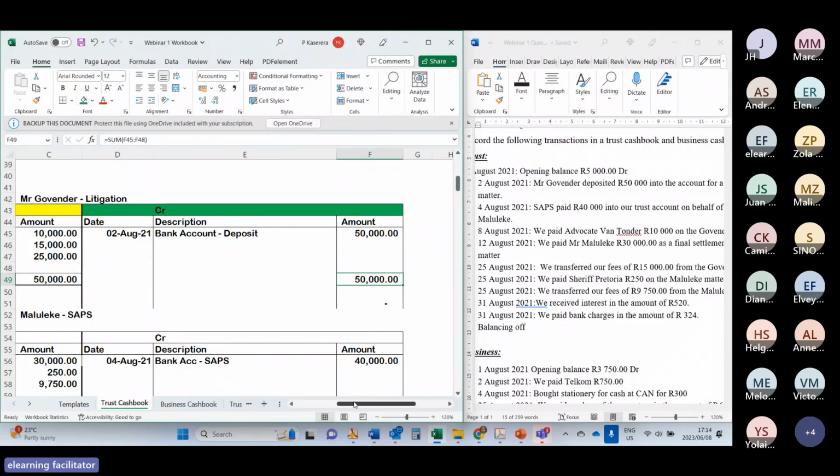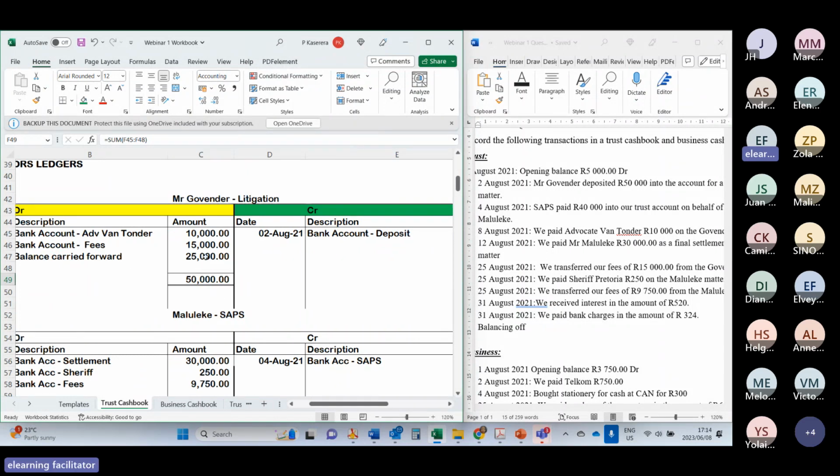Where it's lower, it shows that we are going to carry this one forward, and it will go to our credit side. Remember, these are our creditors. So Mr. Govender will start with an opening balance of 25,000 on the credit side in the month of September 2021.